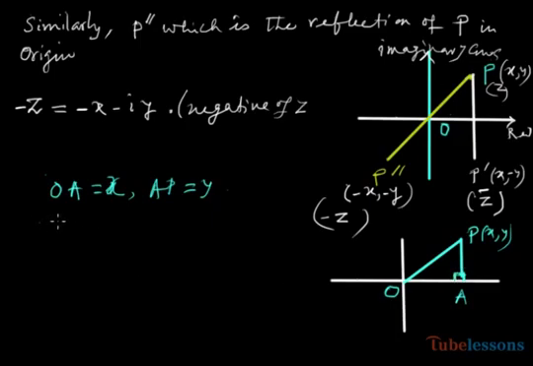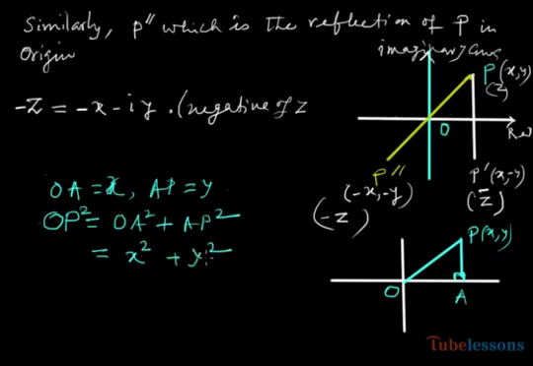So using Pythagoras theorem, we can write OP square is equal to OA square plus AP square. Now OA is equal to X, so this becomes X square plus Y square.